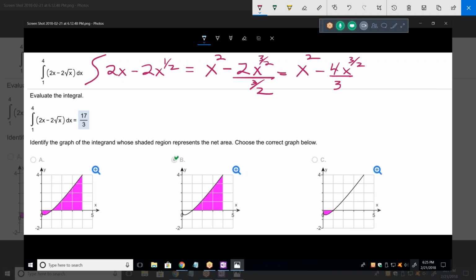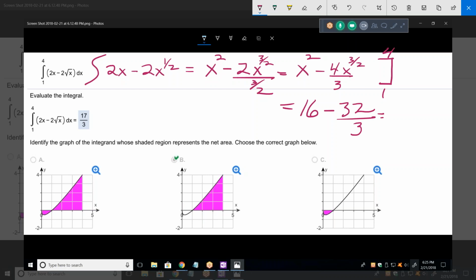Believe I did my math right. And I'm going to evaluate it from my lower limit to my upper limit. So that is 16. Always do the upper limit first. Let's see, 4 to the 3/2 is 8. Times 4 is 32. Okay. So we have 48/3 minus 32/3.